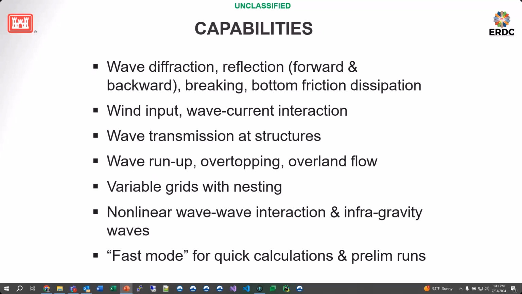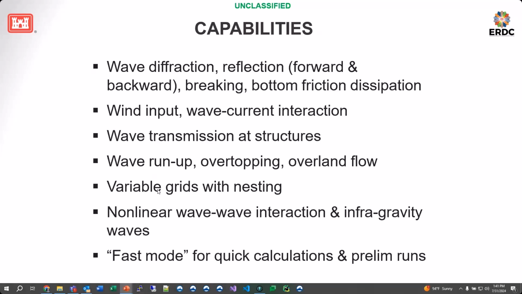So we have wave diffraction, reflection, a lot of different capabilities. We can have wind input that affects the waves, transmission on different structures, and I'll show a few examples of this as we go through the slides here. We calculate wave run-up and overtopping, and you can have variable grids just like we did with the flow.